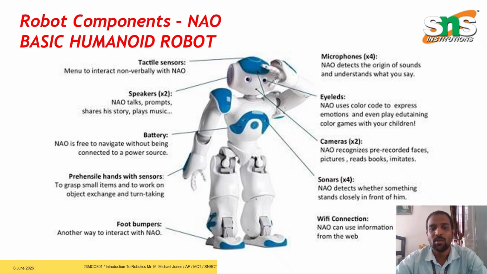Just like a human body has different organs working together, the robot also consists of several interconnected components. For example, sensors act like human senses, actuators function like the muscles, the controllers act like a brain, and software provides intelligence and decision-making capability.